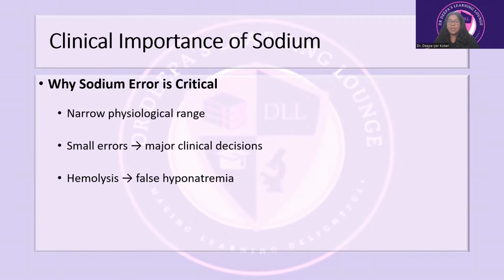For example, there can be a fluid restriction in case you've given a very low sodium value, which was unnecessary for the patient, and that can cause very bad effects on a patient who's already moribund and is on IV fluids or in an ICU. So it is better to raise a suspicion of a pre-analytical error, communicate with the clinician in that scenario, tell him that the sample that had come to you is mildly hemolytic and you're not very sure about the sodium that is given out by the machine and you want a fresh sample. Don't release that report.